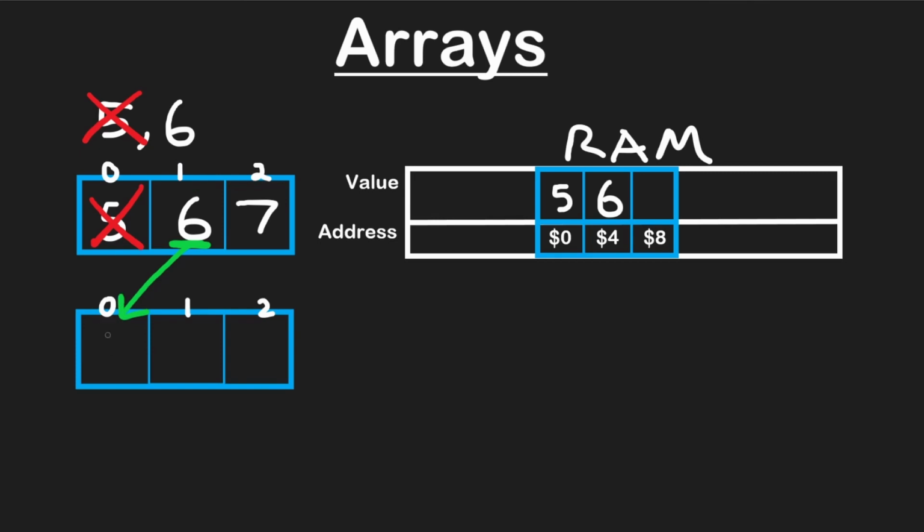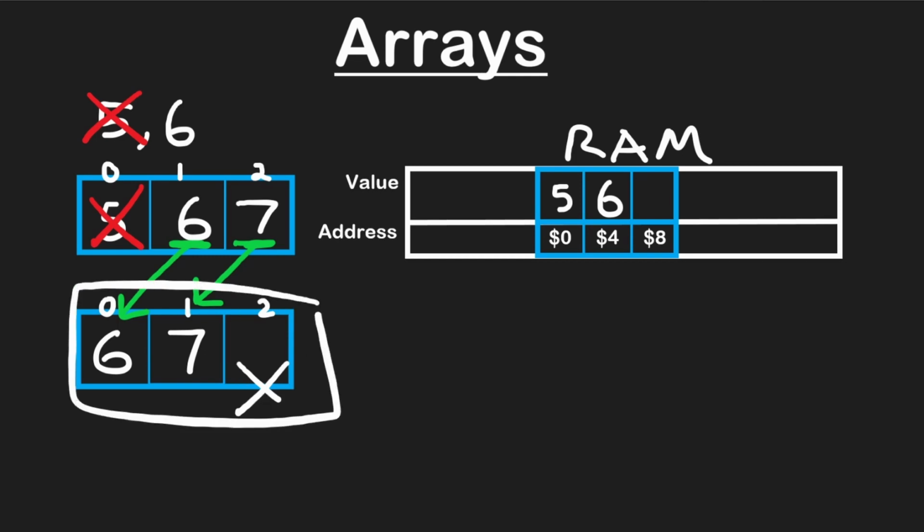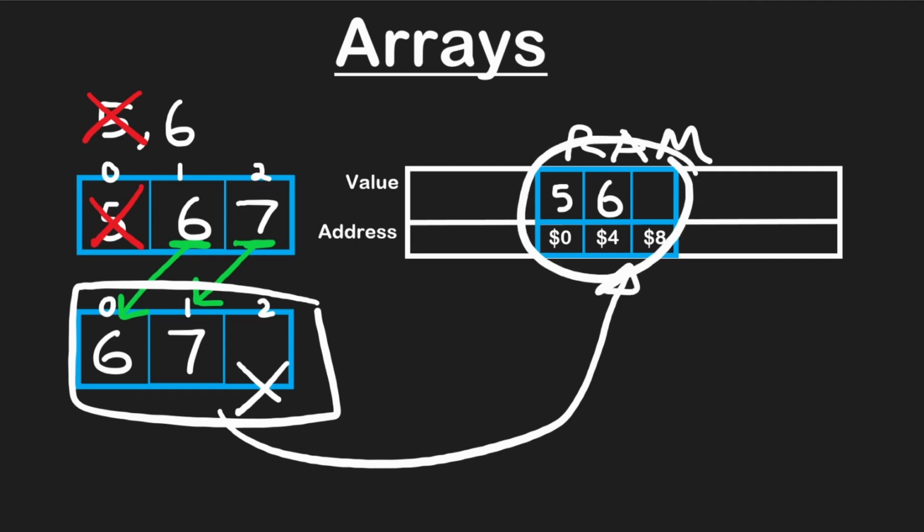So we're going to put it at the 0th index. 7 is at index 2. We're going to take 2 minus 1, which is 1, and we're going to move this to that index. In the end, we're left with a 6, 7. Technically, the 7 from over here would still be there, or we could have replaced it with a 0, or we could do something to pretend like it doesn't exist. But the memory that we actually allocated here definitely does exist, and it would be reflected in RAM.